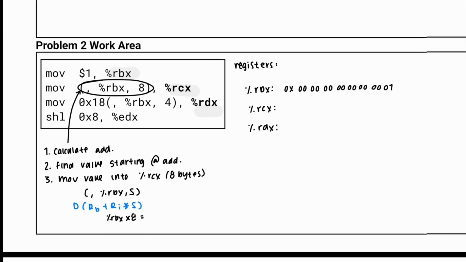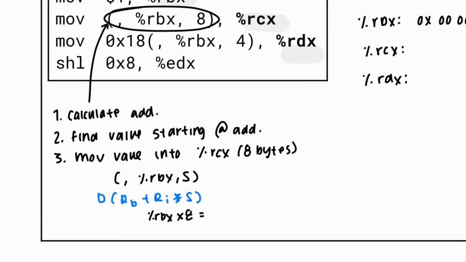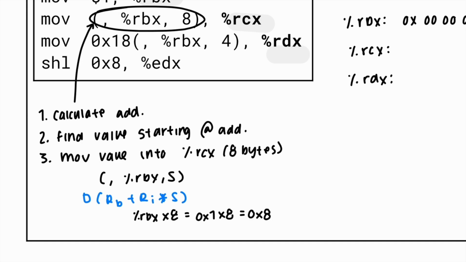If our RBX is equal to 1, then we have 0x1 times 8, which is 0x8. And we need to grab 8 bytes starting at 0x8 because our destination register is 8 bytes.